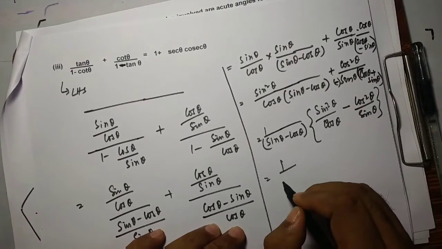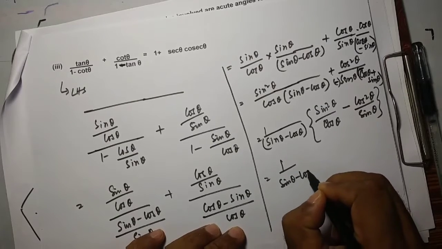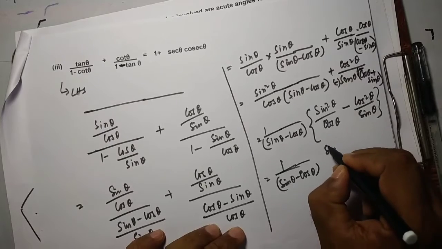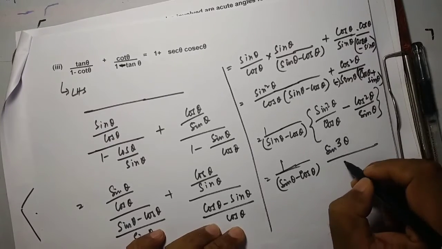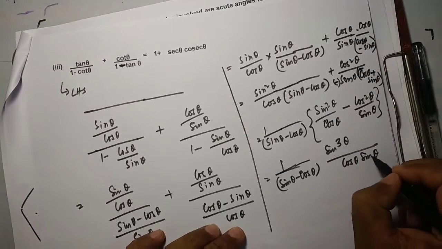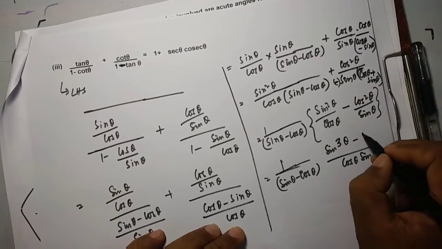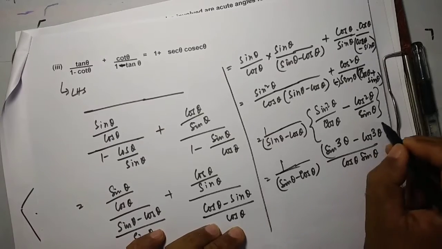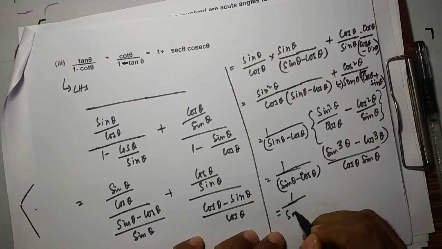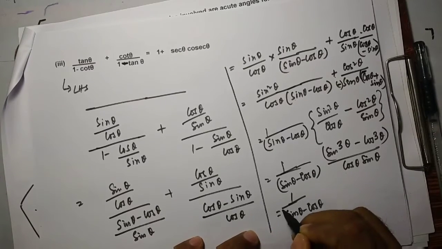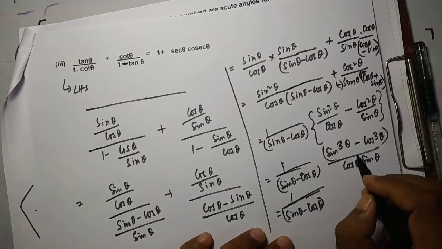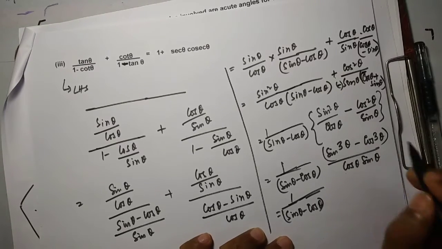Now this is 1 upon sin theta minus cos theta, then this is sin cube theta, LCM is cos theta sin theta, so cos theta is again, it is only sin theta into sin square theta, so sin cube theta, and this will be cos cube theta, over cos theta sin theta. So 1 upon sin theta minus cos theta, then a cube minus b cube, you know a cube minus b cube is a minus b into a square plus ab plus b square.